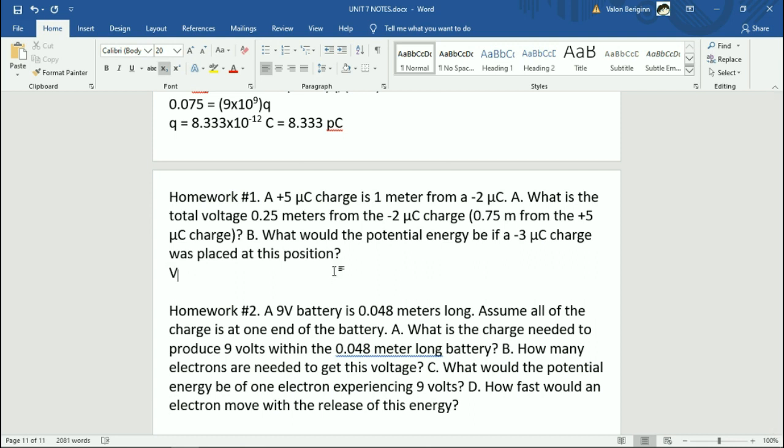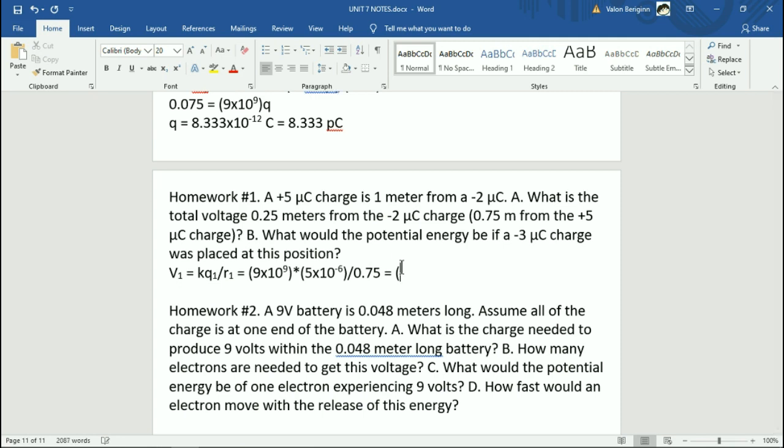So, voltage 1 is going to be KQ1 divided by R1. So, this is going to be the plus 5 microcoulomb, so K is 9 times 10 to the 9, times Q, which is going to be 5 microcoulombs, divided by the distance. This is now 0.75 from the plus 5 charge. So divided by 0.75.